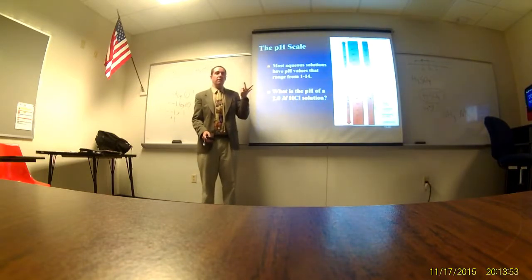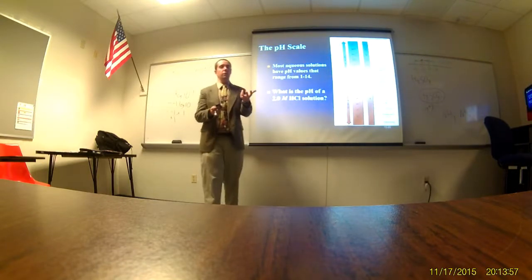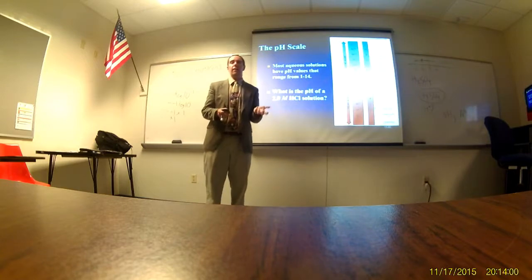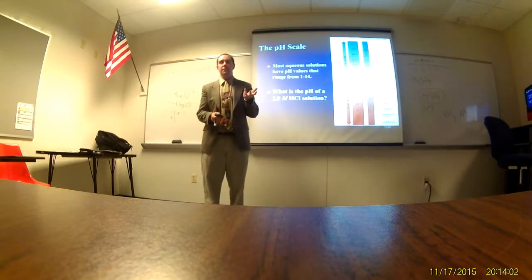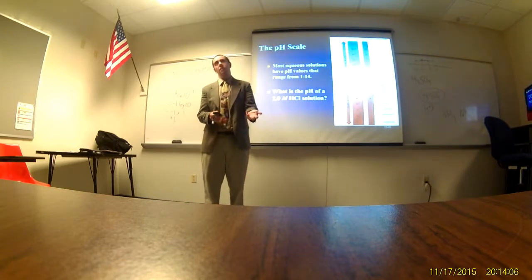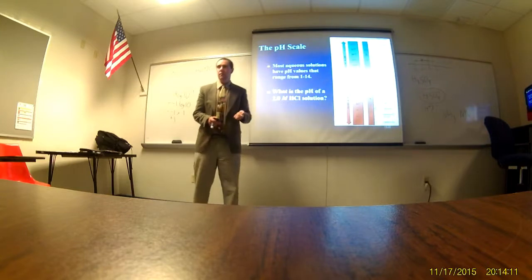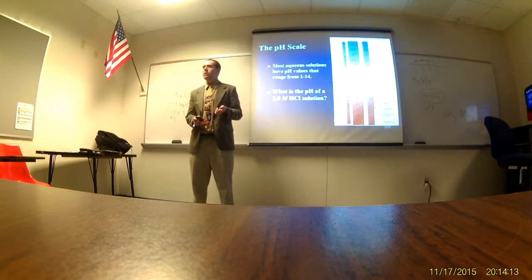On Thursday, we used 6 molar HCl. That 6 molar that you use, locked in a cabinet in the lab, is actually 12 molar HCl. So that is negative 1 point something pH. Negative 0.77. Negative log of 12?